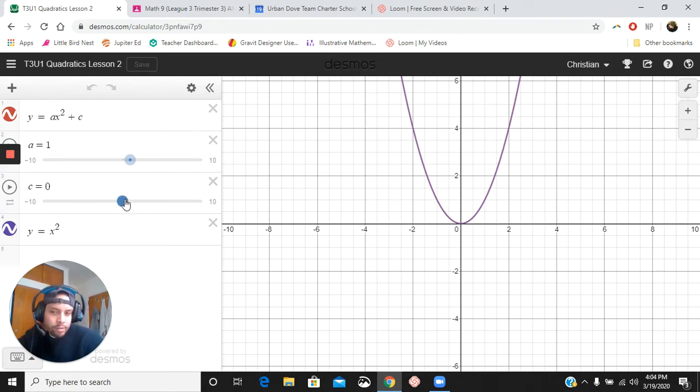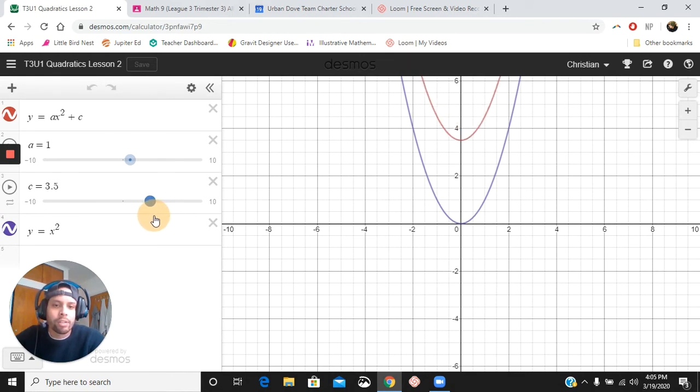So right now we have the standard parent function x squared. Let's see what happens when I move c to be greater than 0. Let's see what happens to the graph. So grabbing it and moving it up. Observe what's happening to the graph. The entire graph is being shifted up as I get higher in c.